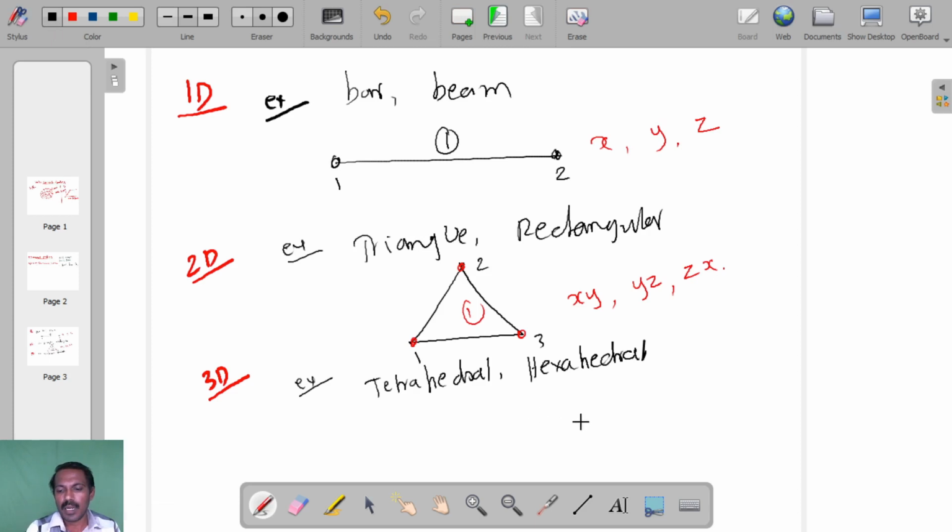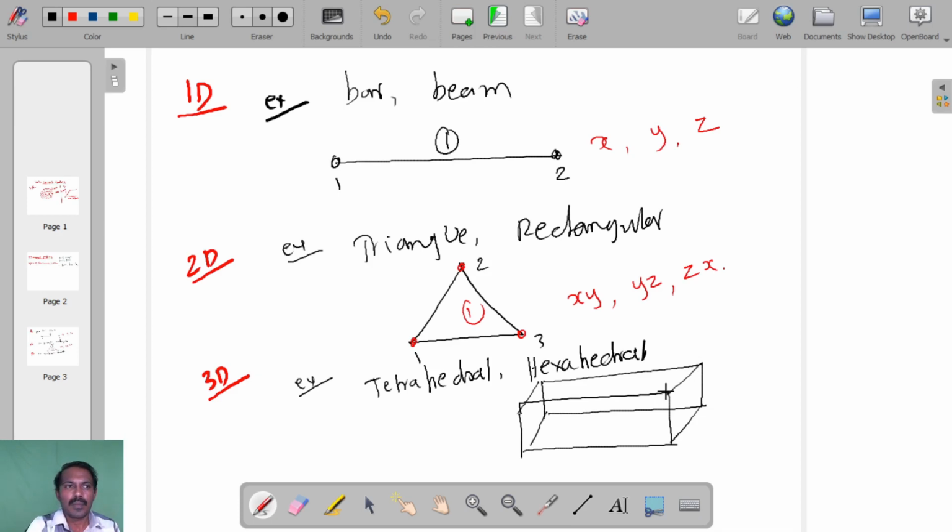The hexahedral element is one element with 8 nodes.